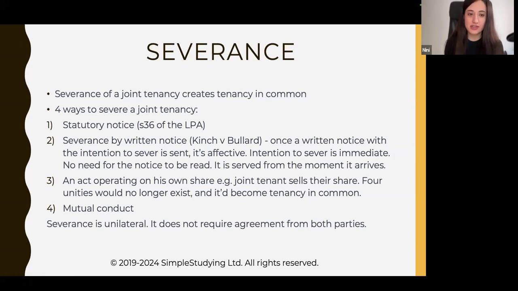Finally, mutual conduct. That's one way of severing a joint tenancy. You should remember that severance is unilateral. It does not require an agreement from the other party, since when one party sends an intention to sever, that's enough. No need for the other to agree.